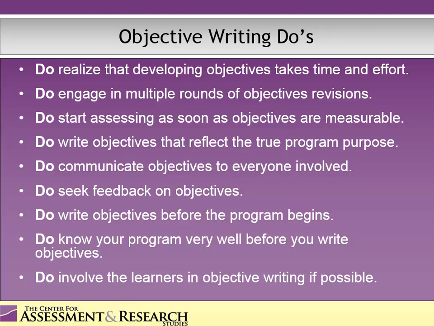Do start assessing as soon as objectives are measurable. Do write objectives that reflect the true program purpose. Do communicate objectives to everyone involved. Do seek feedback on objectives. Do write objectives before the program begins. Do know your program very well before you write objectives. And do involve the learners in objective writing if possible.